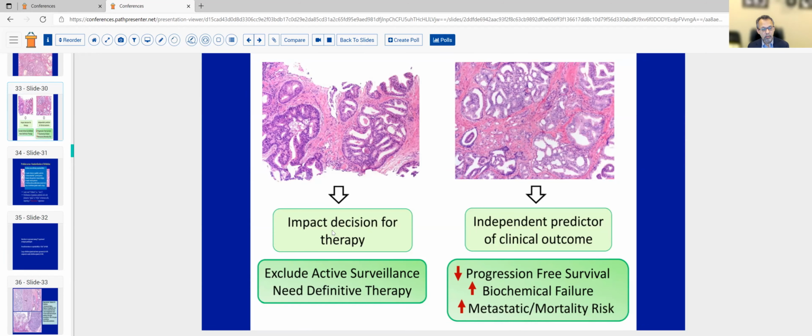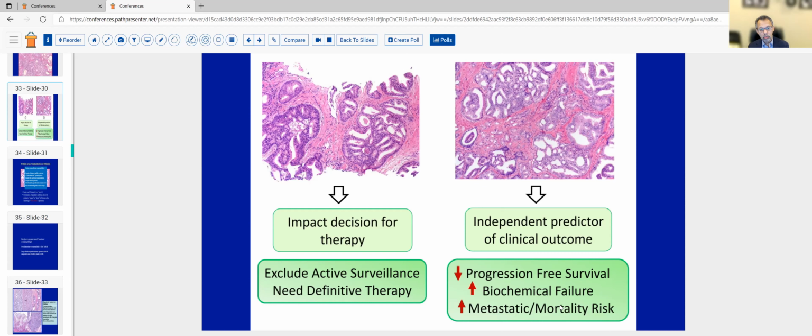There is robust evidence that cribriform morphology impacts clinical decision making for prostate cancer management. The presence of cribriform prostate cancer excludes patients from active surveillance. Patients need definitive therapy. It is also an independent predictor of various adverse clinical outcomes: decreased progression-free survival, increased biochemical failure, and increased metastatic and mortality risk.